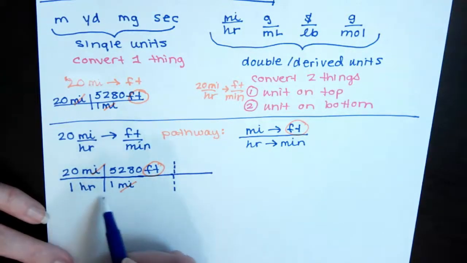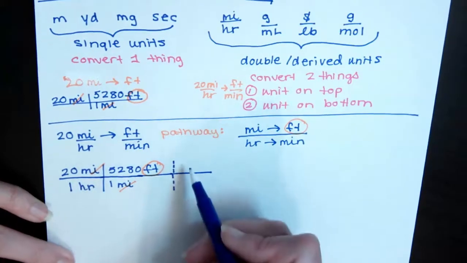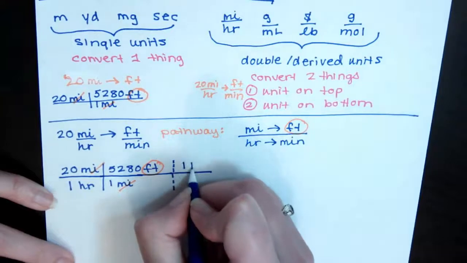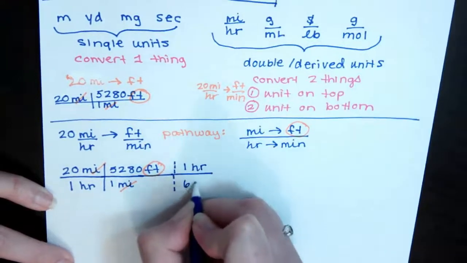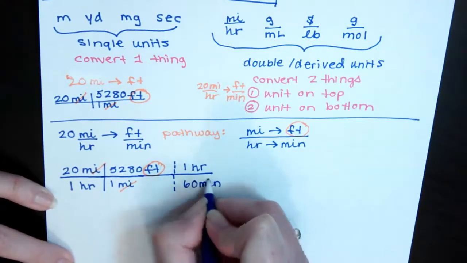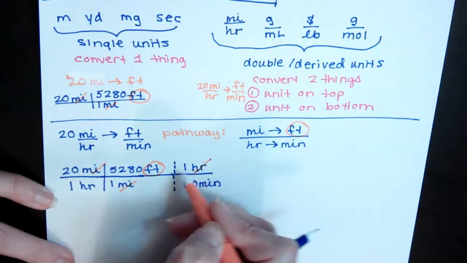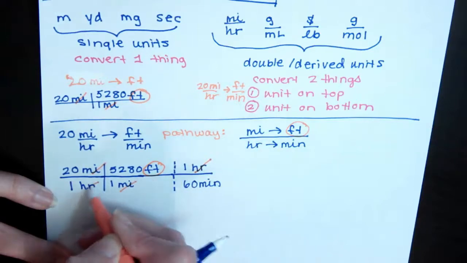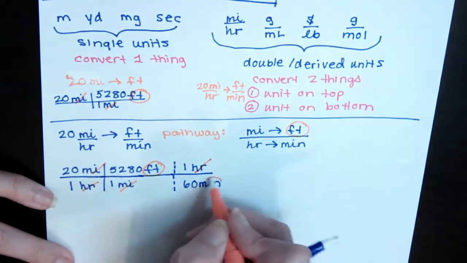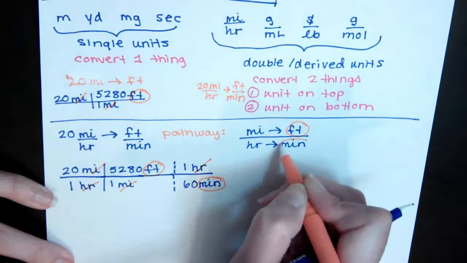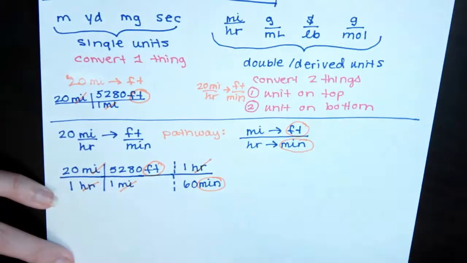So now, because hour is on the bottom, if I want this to go away, I'm going to need hour on top. So 1 hour is the same as 60 minutes. Hours here cancels way back over here to the hour. I'm left with minutes on the bottom, which is what I wanted.